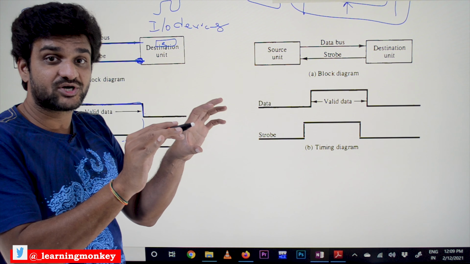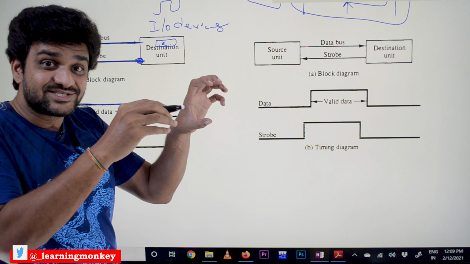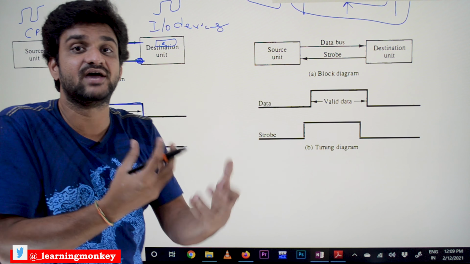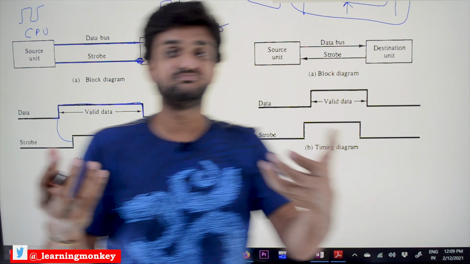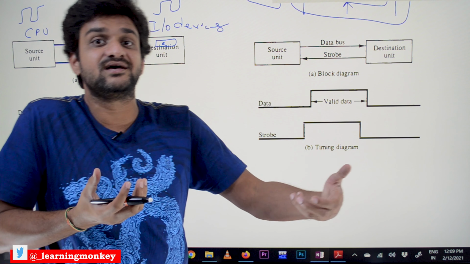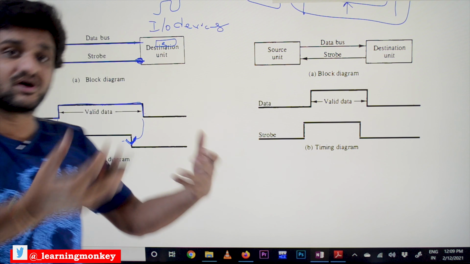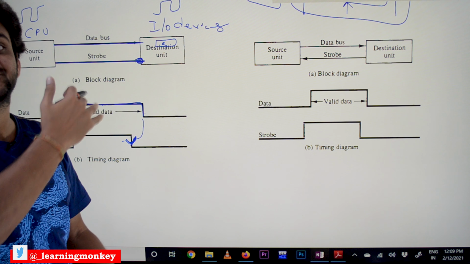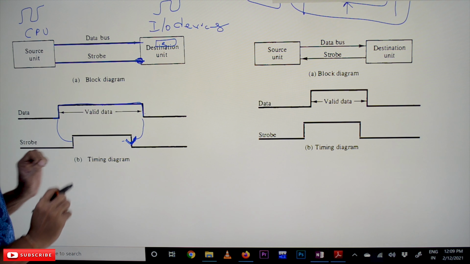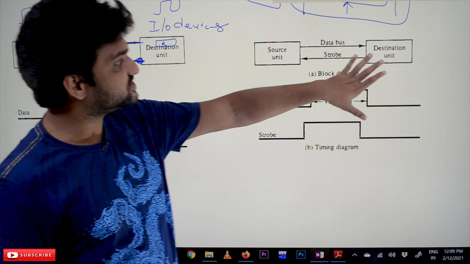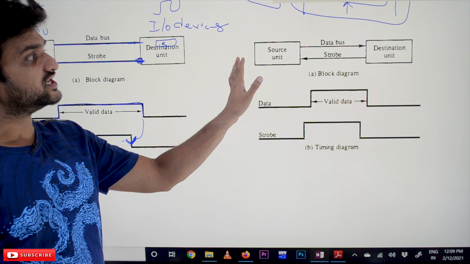That is very important to understand. This is one of the ways in which we can bring synchronization between the IO devices and the central processing unit, or the entire computer system.